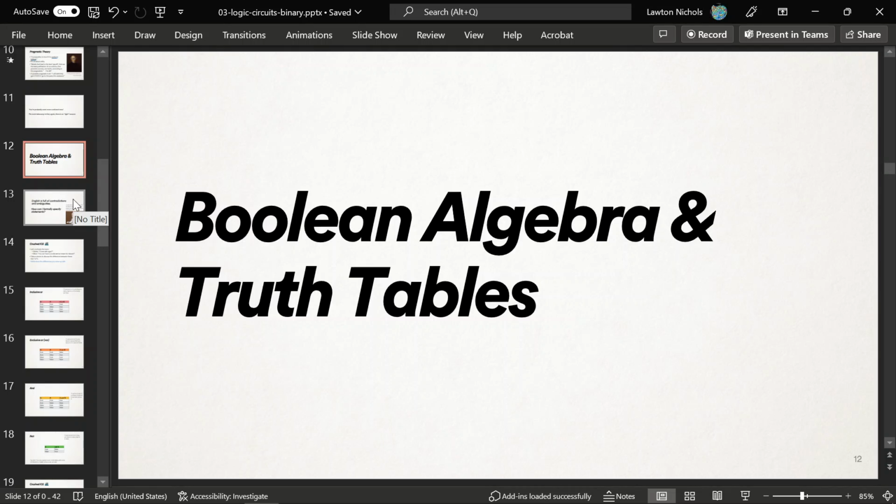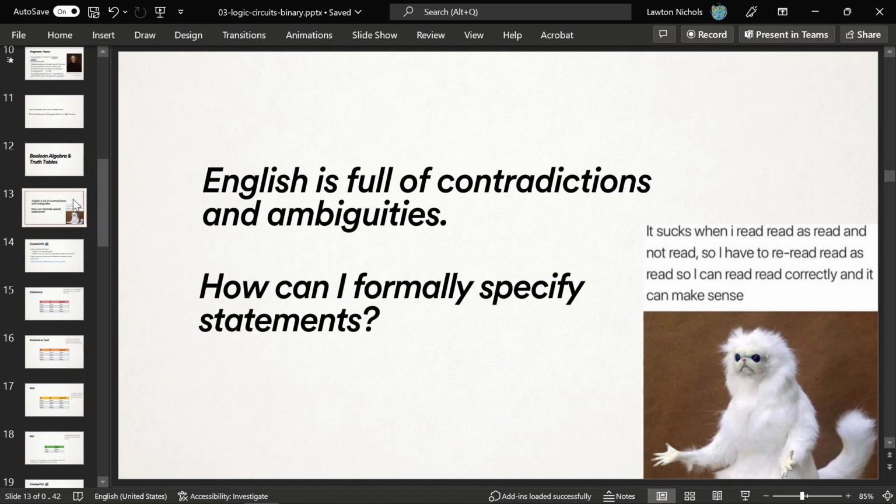So the whole idea of programming, of formal logic, is that saying sentences and being like, this is either true or false, there are a lot of contradictions in a sentence. There's a lot of ambiguity as well, right? If you try to tell somebody something, a lot of times they can interpret your sentence, what you're thinking, in a completely different way, can't they? I'm sure you can think of some examples when that's happened in your life.